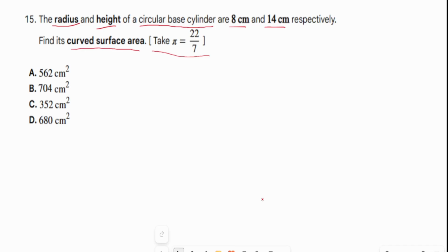Let's not forget this very important information: take pi equal 22/7. We'll start first by quoting the formula for the curved surface area of a cylinder. So using CSA for curved surface area, that will be 2 pi RH, where R is the radius and H is the height. Taking this particular cylinder, the question said we should use pi to be 22/7 times the radius is 8 and then the height is 14.